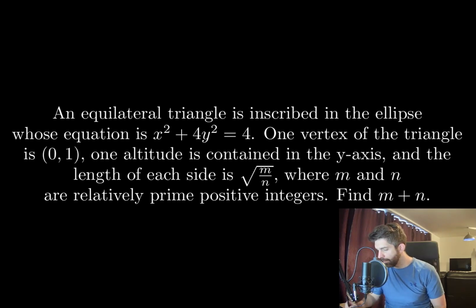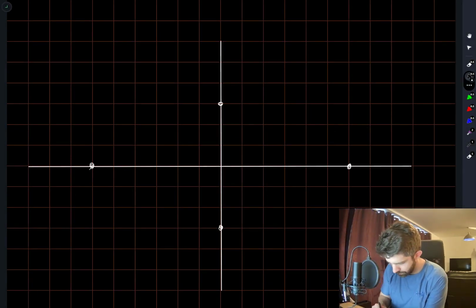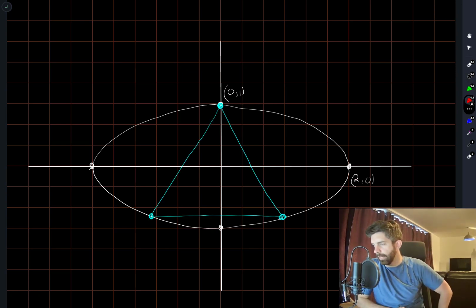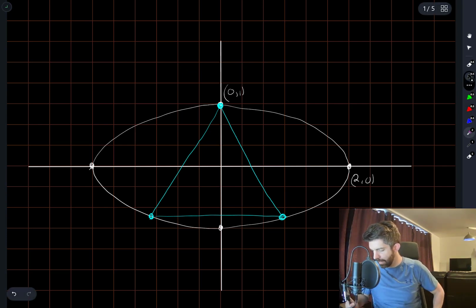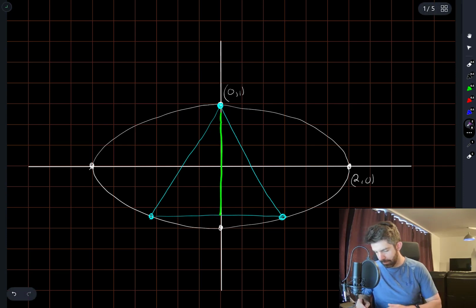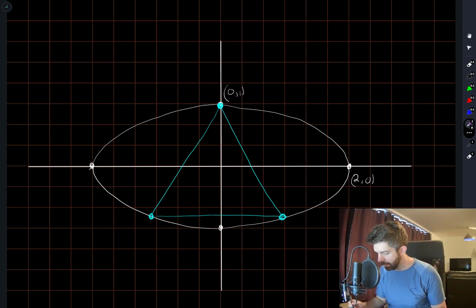All right, I'm just going to start sketching a diagram and see how much of this information we can make use of. Okay, so given that we have one of the vertices at the point (0, 1) and an altitude contained in the y-axis, the other two vertices should be symmetric around the y-axis like this.